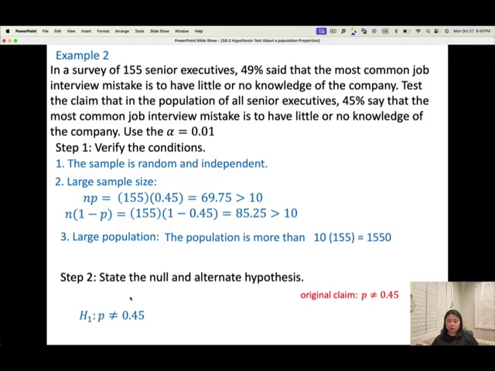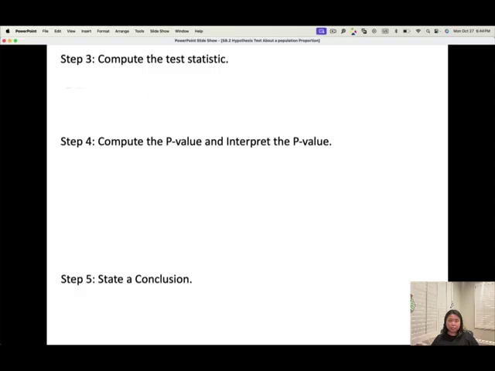So what is your null hypothesis? Opposite of this, that will be equal to. And then we do have a two-tailed test. Okay, now find the test statistic.